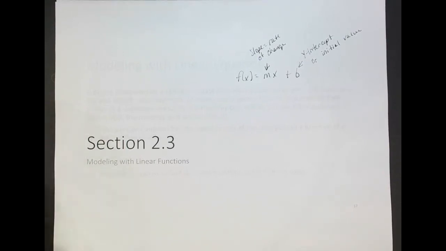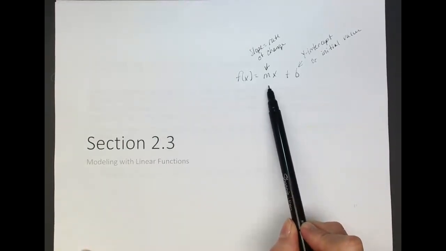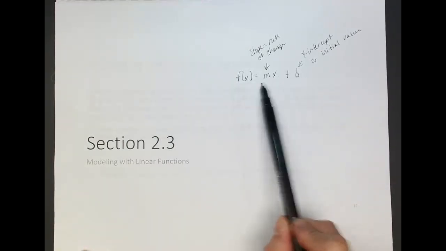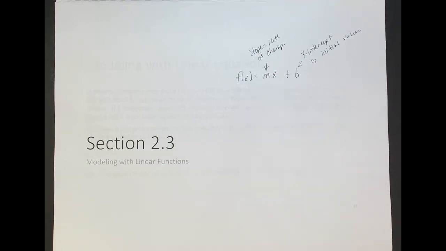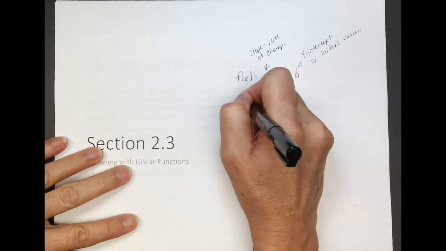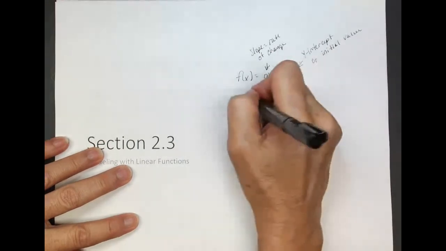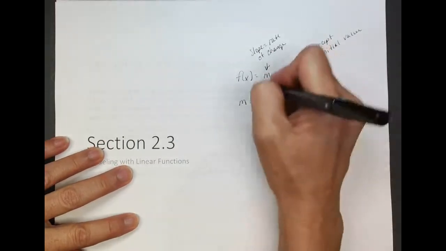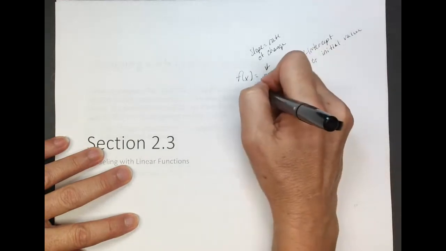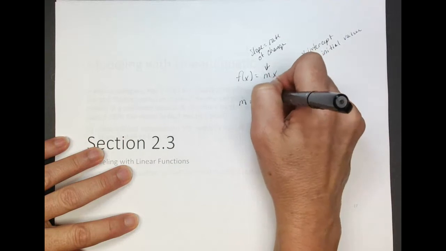So when we model with linear functions, we want to use data to try and write a function in this format. One thing that you will always need is your rate of change, or your slope. To calculate that, if you have two ordered pairs that satisfy the equation, or two sets of inputs and outputs of the function, we can find that rate of change by finding the difference in the outputs.